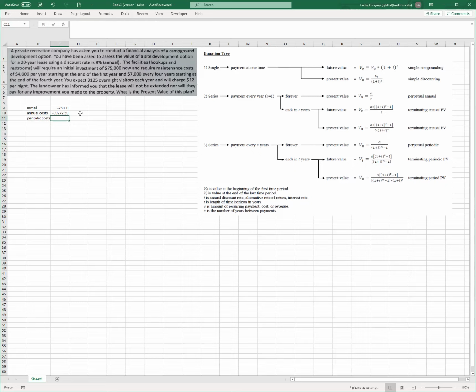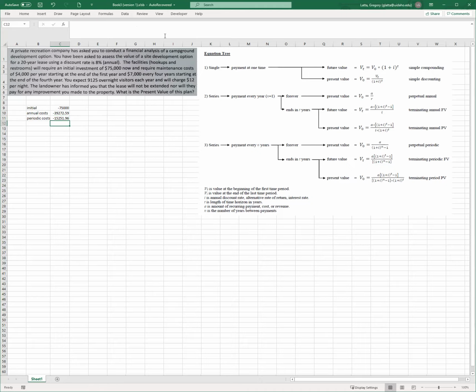It's going to equal, up in my cell here, minus 7,000 times, we'll open that up, 1.08 to the 20 minus 1, close it, over, open it, and I'm going to keep this one separate, 1.08 to the 4 minus 1, close the brackets there, times, open them, 1.08 to 20, close those, and then close the other ones in black. And boom, I got my 15,251.